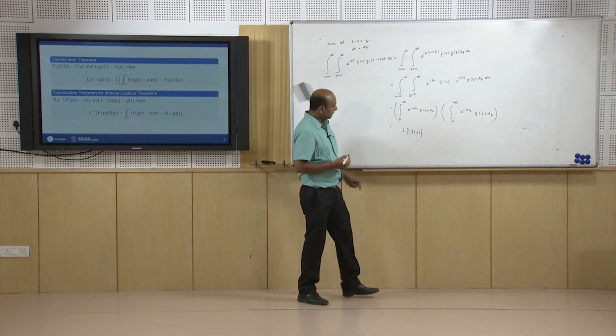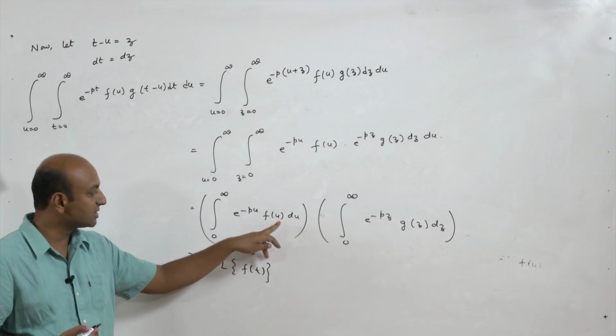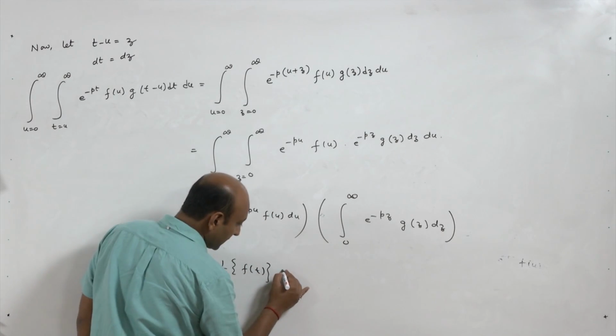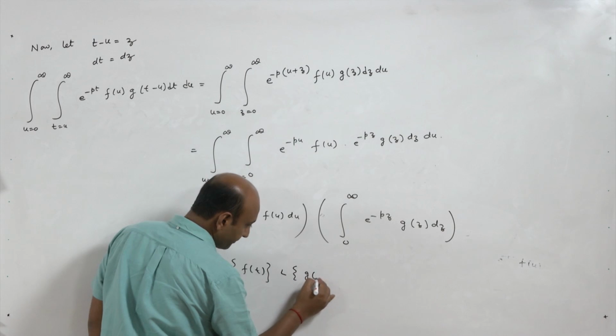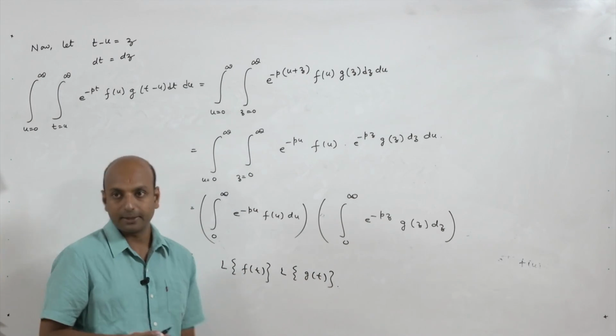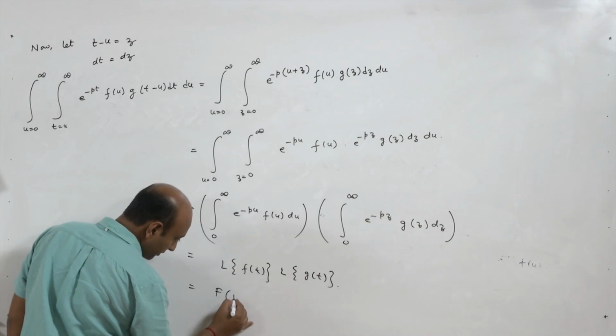Okay. You say f(t) or you say f(u), both are same because it is a change of only variable, okay. And this is nothing but Laplace transform of g(t). You call g(t) or g(z), all are same, okay. So, this is nothing but F(p) into G(p).